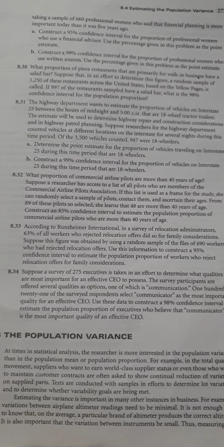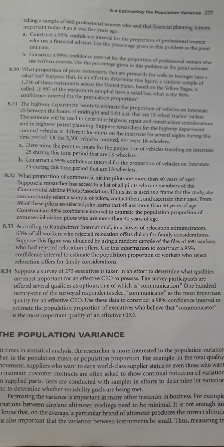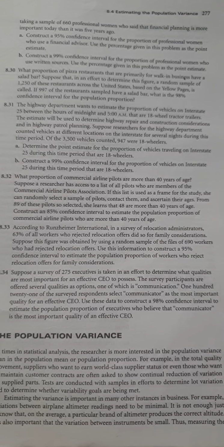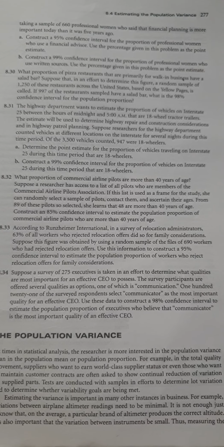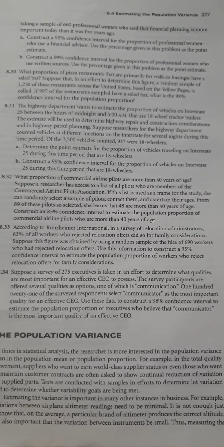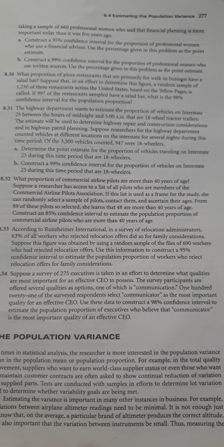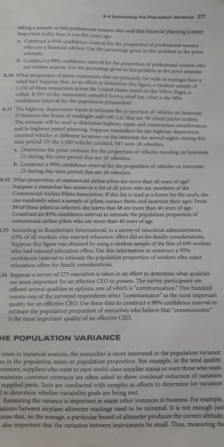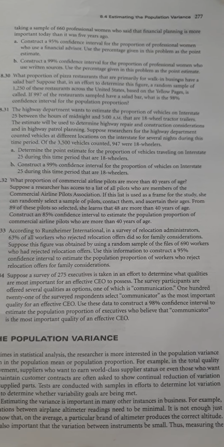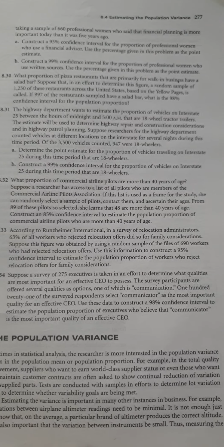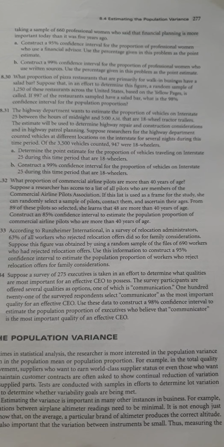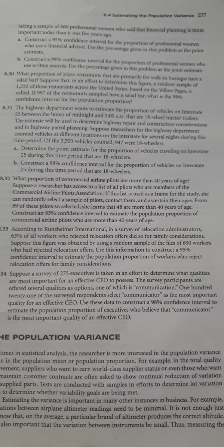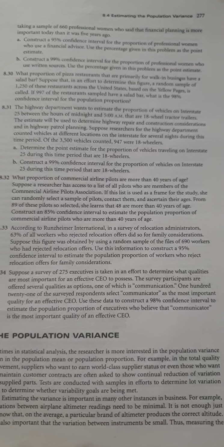And the last one, 8.34. Suppose a survey of 275 executives is taken in an effort to determine what qualities are most important for an effective CEO to possess. The survey participants are offered several qualities as options, one of which is communication. 121, x equals 121, surveyed respondents select the communicator as the most important quality for the effective CEO.